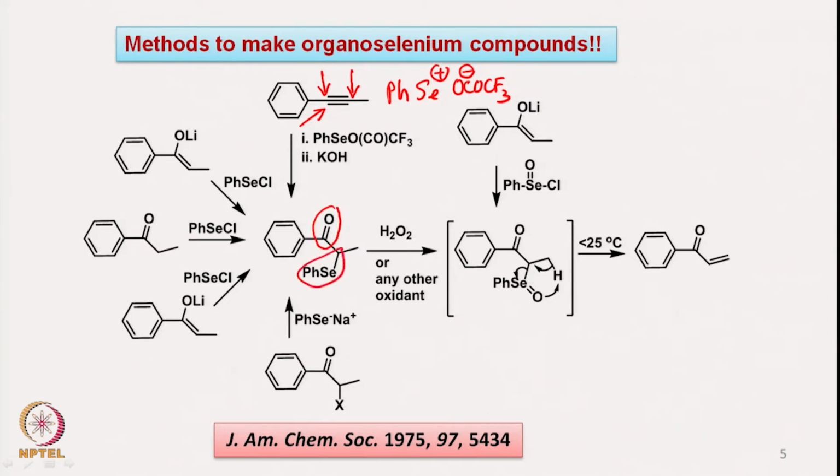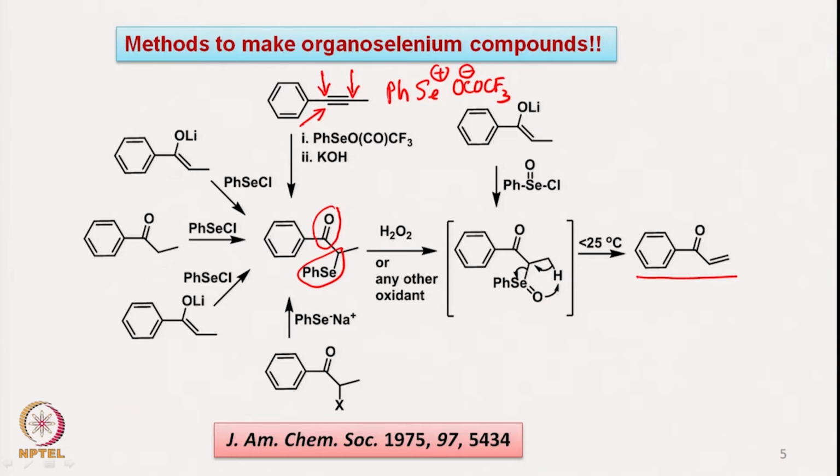So, this is one of the easier ways of getting a selenium compound adjacent to a ketone starting from a triple bond. Now, if one carries out oxidation with hydrogen peroxide or any other oxidant, we can easily make the corresponding selenoxide, which undergoes elimination to form this alpha beta unsaturated ketone.